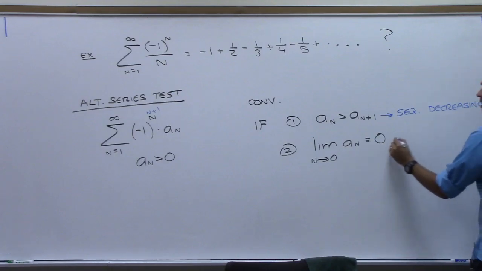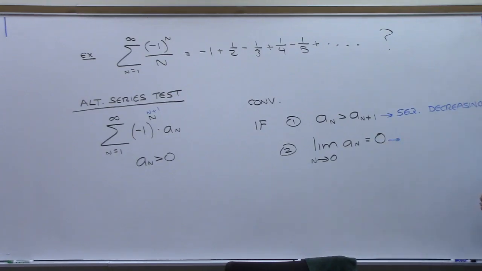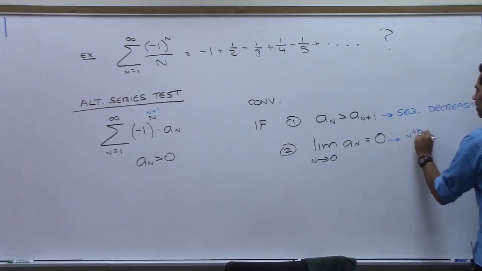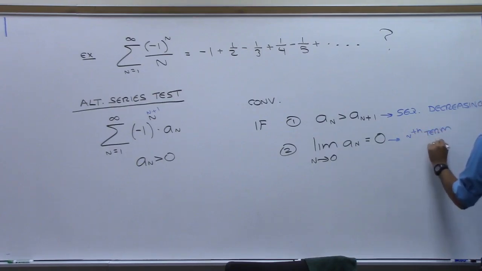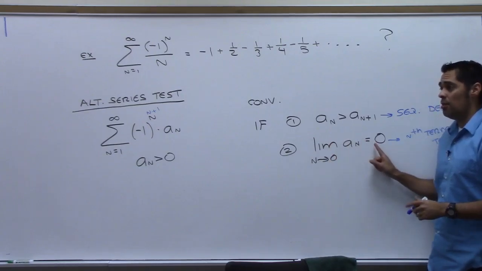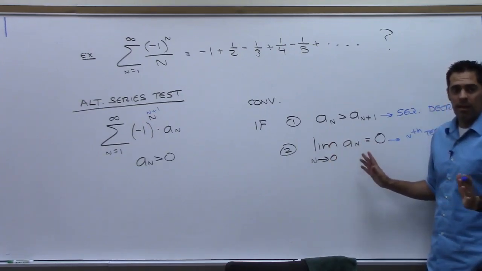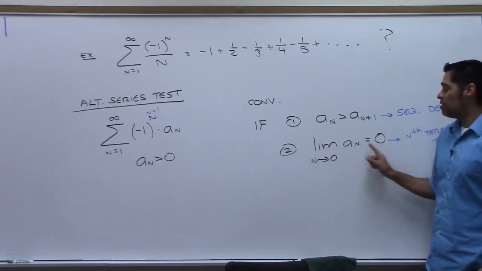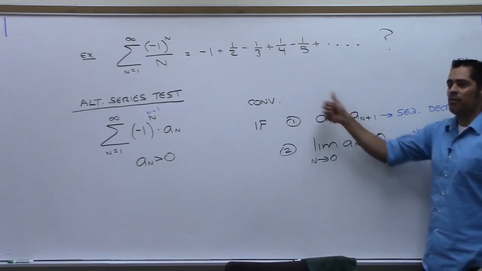And the second condition is actually the nth term test. But you know how we used to say in the nth term test, if we got 0, it meant nothing? In the alternating series test, if it goes to 0, it gives us convergence.